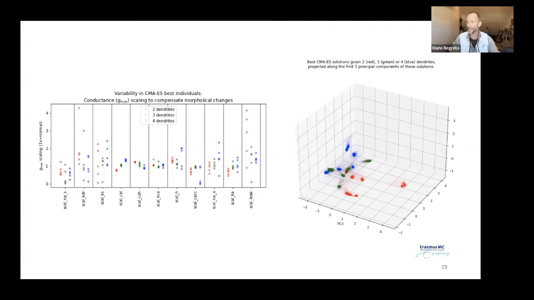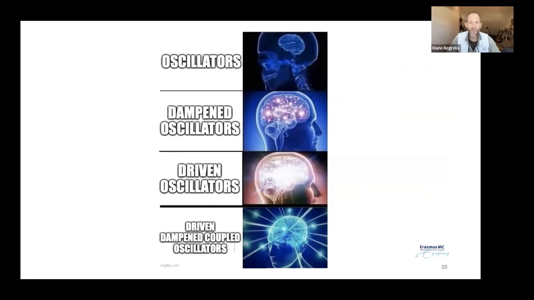What I want to tell you instead is that this evolutionary procedure gives us a diverse set that is recapitulating biology in terms of cells that oscillate, cells that are dampened oscillators, and some cells that can be driven to oscillate. In the case of a gap junction network, what we really truly have is driven, dampened, coupled oscillators.